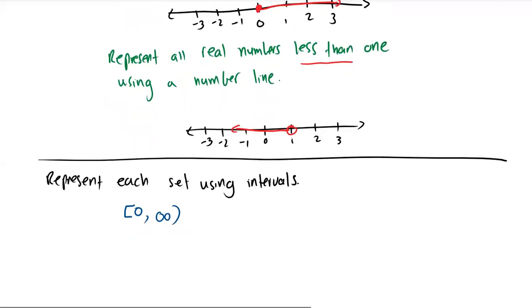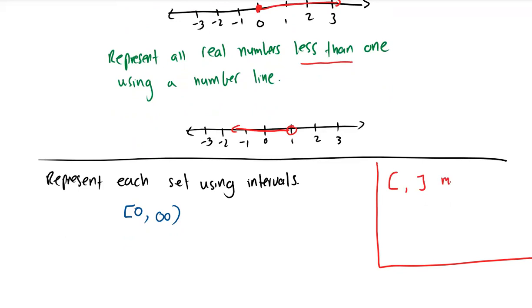Now that I've introduced these two symbols, bracket and parentheses, let me quickly write what they mean. Bracket means include, and it doesn't matter whether it's the left bracket or the right bracket. Either one means include that number.